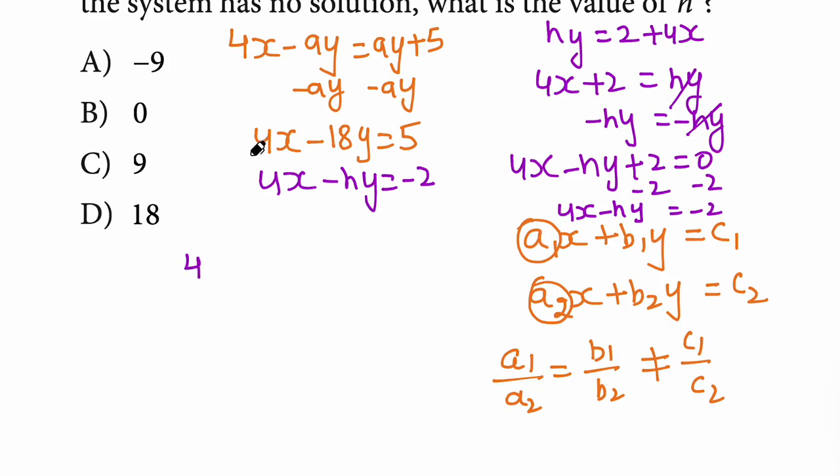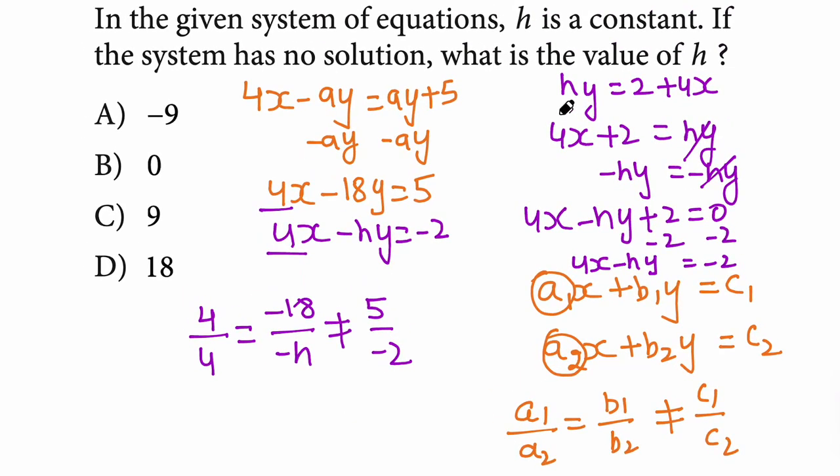a1 over a2 is equal to b1 over b2, which is not equal to 5 over negative 2. Now we have to find the value of h, right? So we will take this expression.